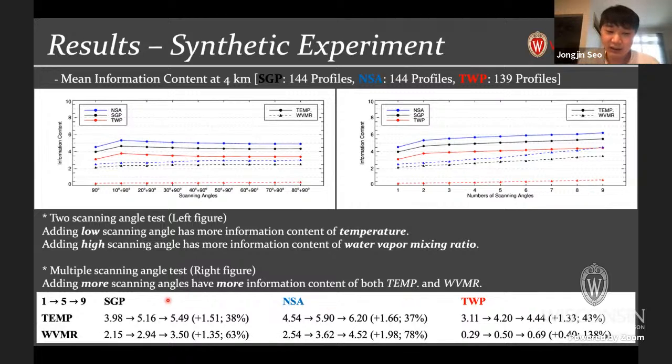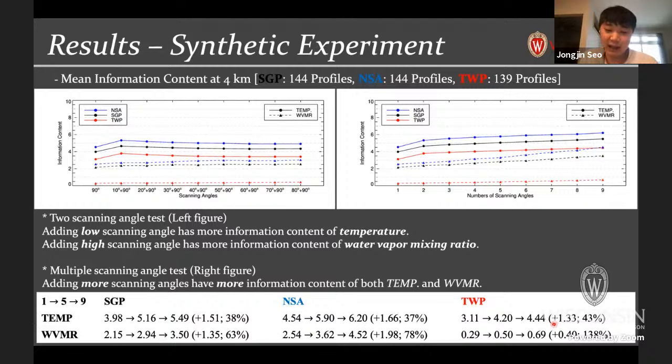And these tables are the mean information content at the different numbers of scanning angles from single zenith to 8 more scanning angles plus zenith. For information content of temperatures, 9 scanning angles have approximately 40% more than single scanning angle, by an increase of 1.5, 1.6, and 1.3.